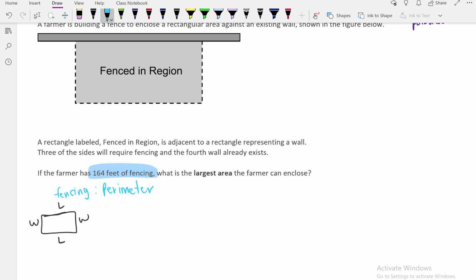So my perimeter here would equal 2w, because there are 2 w's. Because perimeter, don't forget, is adding all the sides. So if I'm adding the sides, I have my 2w. Likewise, I have 2l's. So a regular perimeter, I would have P is equal to 2w plus 2l.